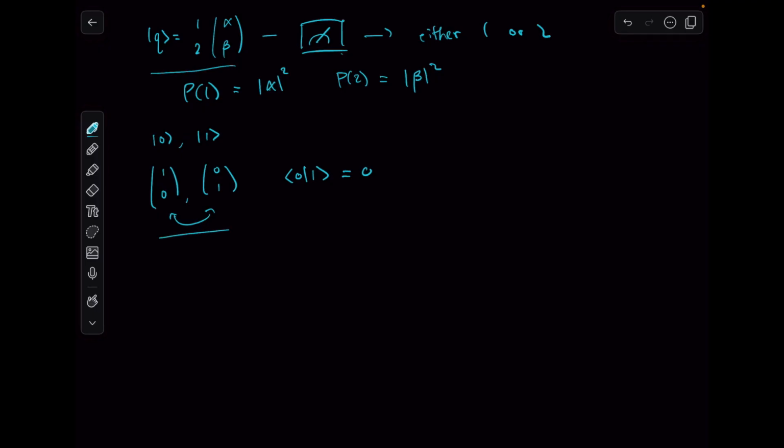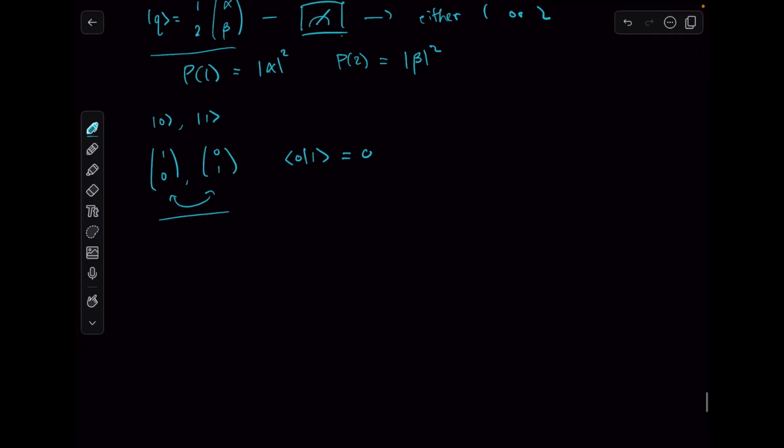So when we build up this mathematical theory of measurement, there's a couple things we want. We want orthogonal vectors, and also we want real valued measurements.